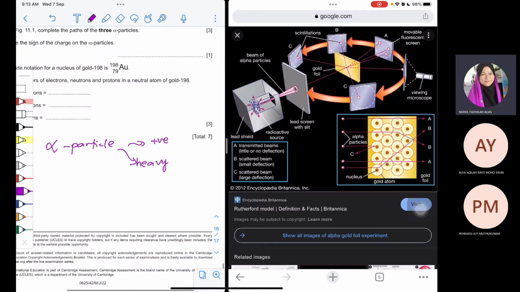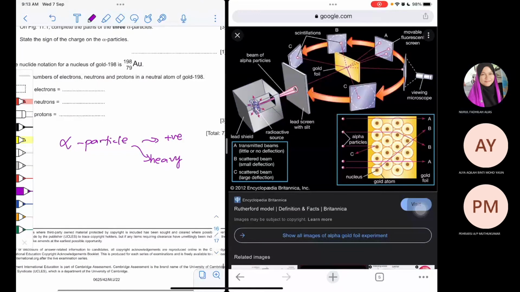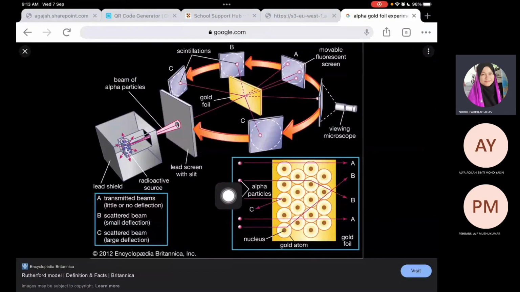So kita nampak kat situ ada yang alpha particles dia deflected back macam tu. Kenapa dia deflected back? Sebab dia repel. The gold atom dalam nucleus tu dia positively charged, and then positively charged, dia repel.